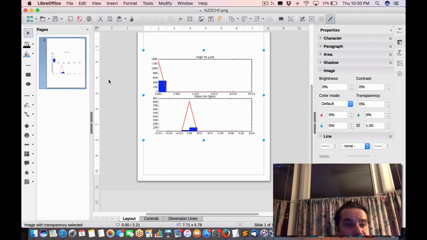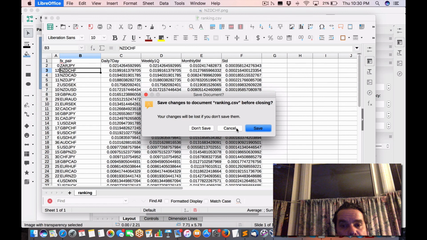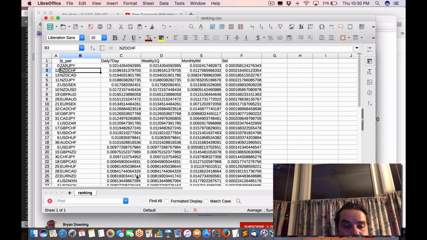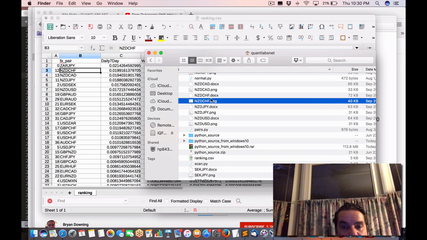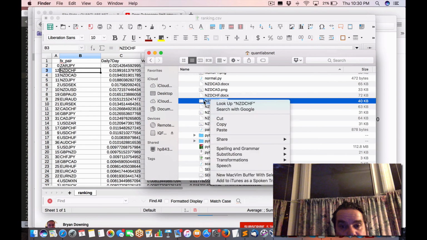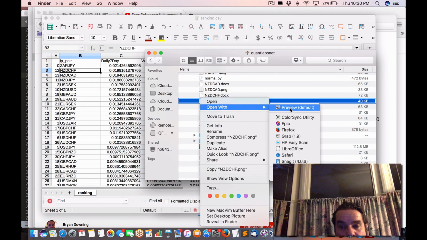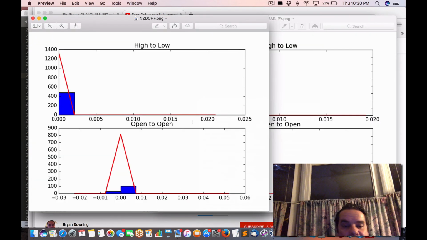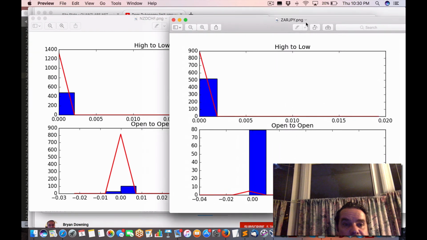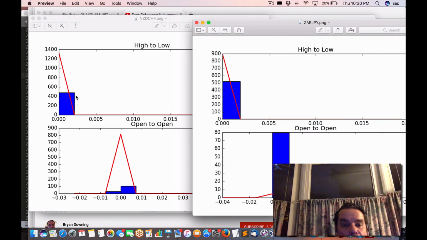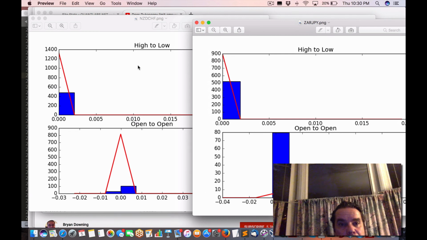Yeah, here, let me just see. Okay, let me just pull up the right program. Okay, so here's the difference between the two. The high to low and the open to open. The changes is fairly stable, but here.